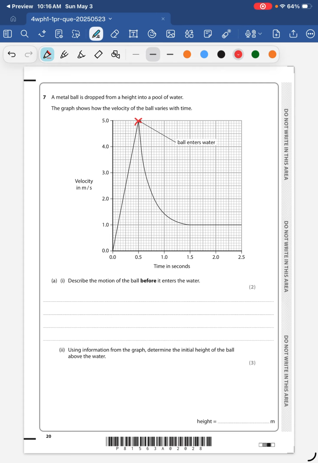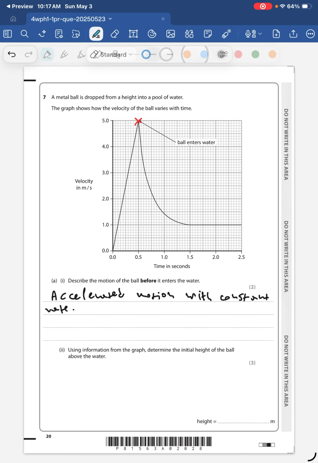So it accelerates at a constant rate, so accelerated motion with constant acceleration. How do we know it's constant? Because it's a straight line, okay? So the gradient of this line gives you the acceleration, which is going to be g.